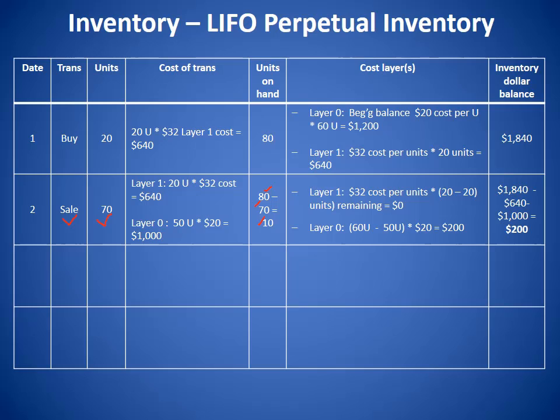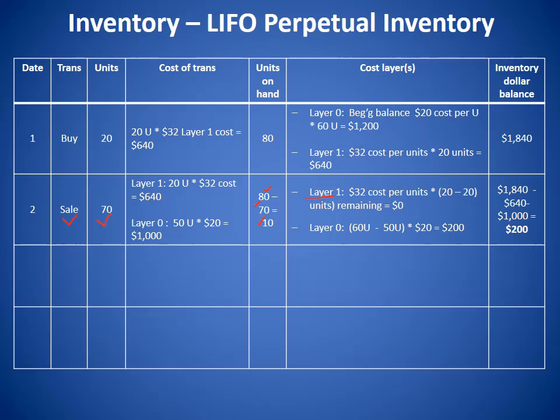So the last layer in is the first layer out in terms of costing. So what we need to do is look at the last layer in, which happens to be layer number 1. And we know we sold 70 units. So in order to cost the items properly under LIFO, we have to take the first units out of our latest layer in, which is layer 1.